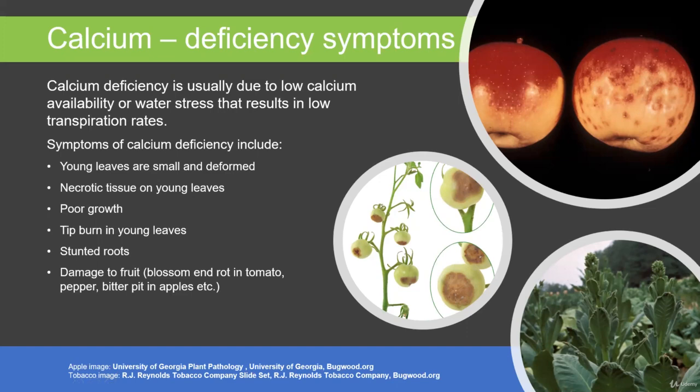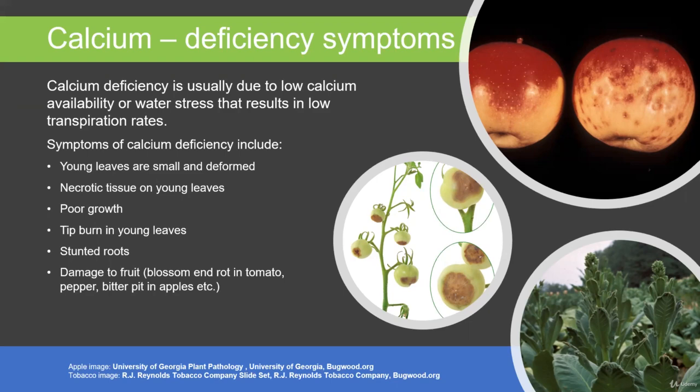Now, calcium deficiency can also be a result of water stress. And why? Calcium is transported within the plant with transpiration, with the water in the plant. And when there is water stress, calcium cannot be transported well to plant cells. And this might result in calcium deficiency.